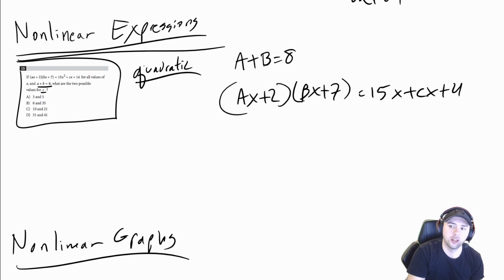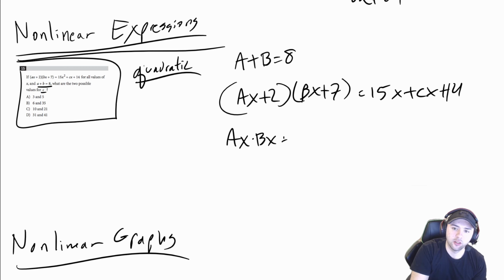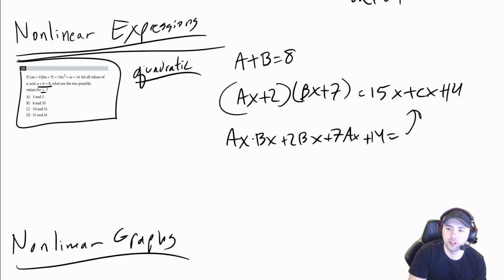Now, if we expand the left-hand side, remembering to FOIL, we're going to get abx squared plus 2bx plus 7ax plus 14 is equal to all this stuff.